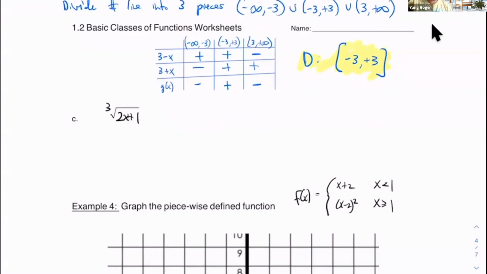So for this last guy over here, what's the name of this function? It's h of x. When you look at this guy, what do you notice? What's the first thing that you notice, if anything? Anyone notice anything of interest?